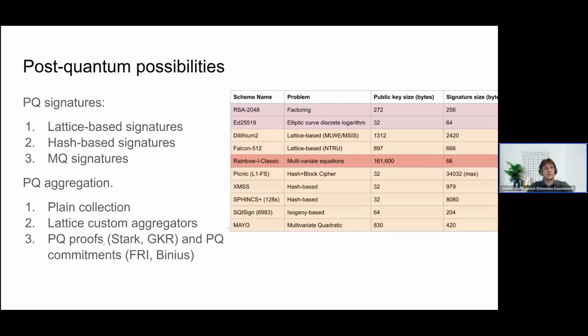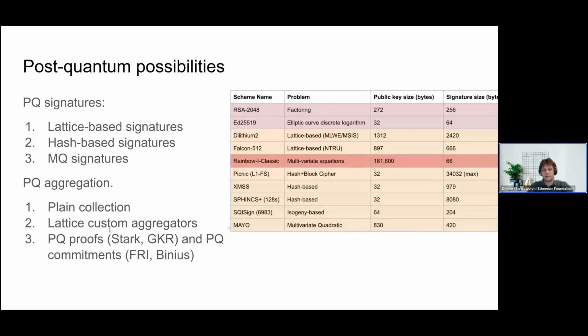And the third option is if we employ proofs, constructions like SNARKs or GKR based on post-quantum commitments. This approach is somewhat better because it's modular. If we separate proofs from signatures, then we'll be able to modify one of them if a problem occurs.